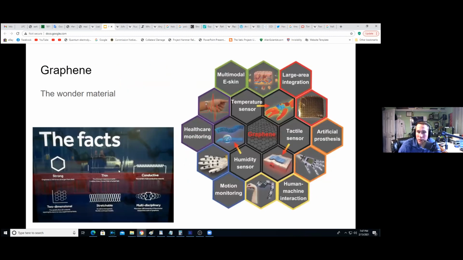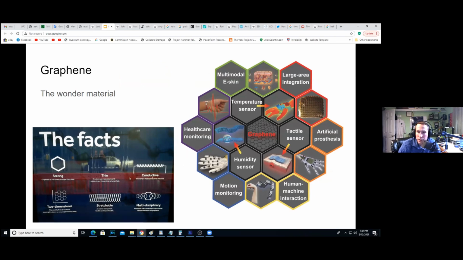Is it the wonder material? We've all hailed that it was. I think so. I think anyone who underscores the virtues of graphene hasn't really done the research, and it's really underfunded right now, as far as I can tell.